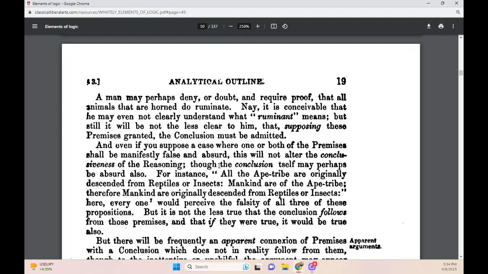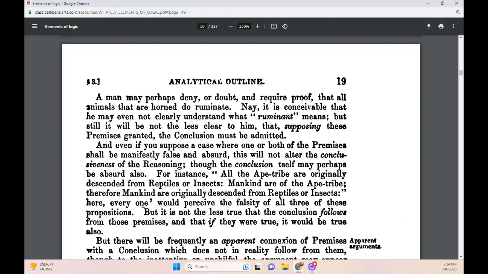For instance, all the ape tribe are originally descended from reptiles or insects. Mankind are of the ape tribe. Therefore, mankind are originally descended from reptiles or insects.